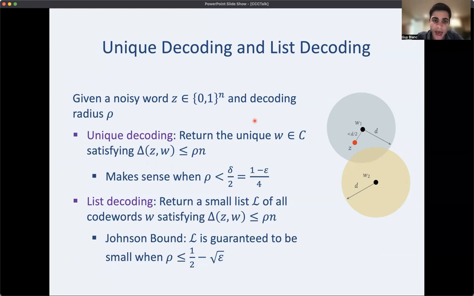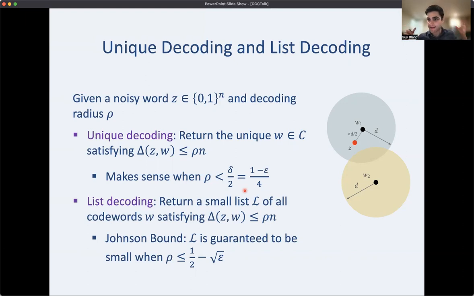Okay, so we encoded our plain text message into a code word W. Then an adversary corrupts it, and then we receive the corrupted message, and we want to undo the corruptions. So the first thing we might want to do is unique decoding, where we ask, assuming the adversary didn't make too many corruptions, what is the single unique code word close enough to our message.